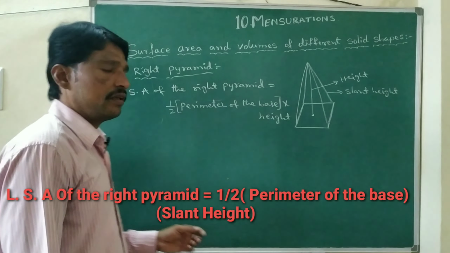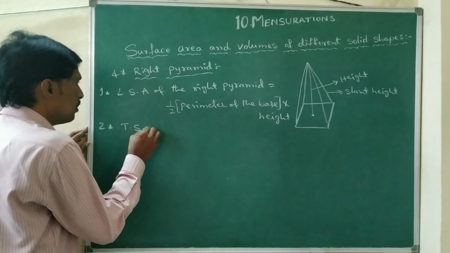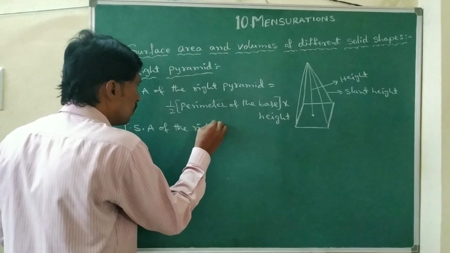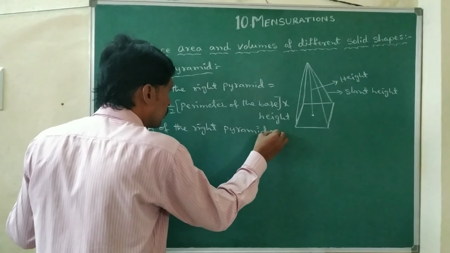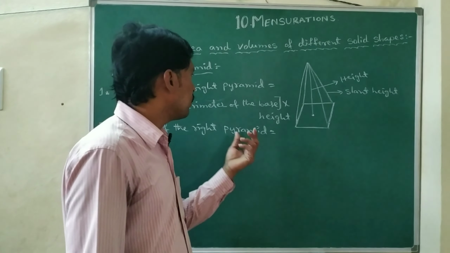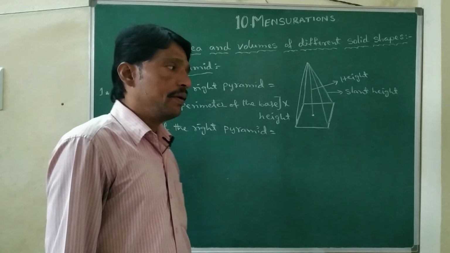Next, TSA of the right pyramid equals LSA plus area of the base. So what we got, that LSA, and we need to take the base.